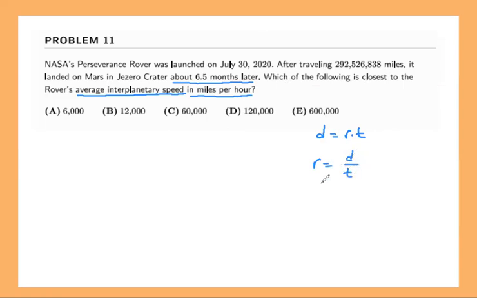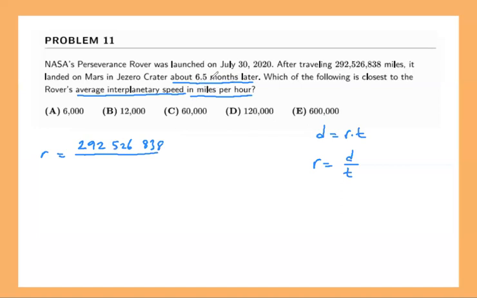So the rate is distance over time. So which is what we are looking for, right? So I'm gonna say this is 292,526,838, and then this is divided by 6.5 months.